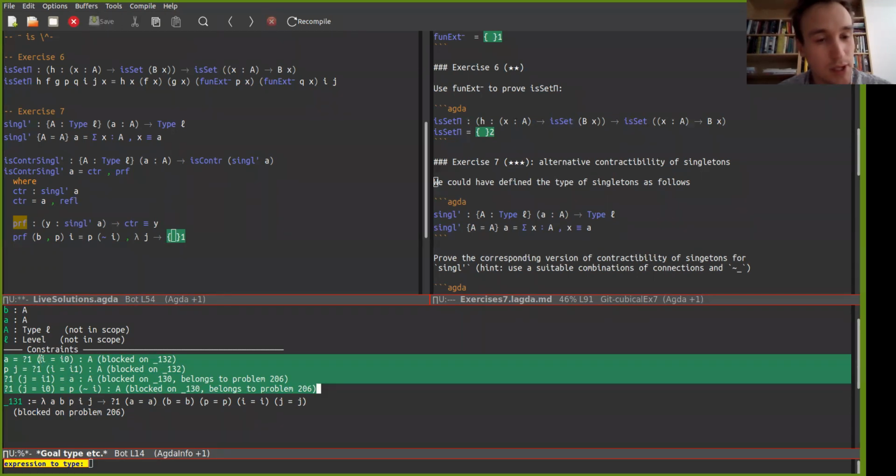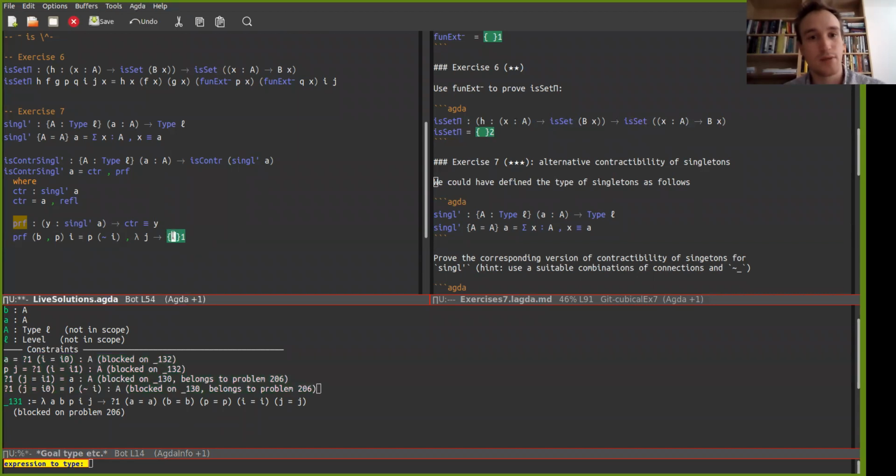Whatever we put in, if i equals 0, this should be just A. If i equals 1, this should just be p of j. If j equals 1, this should just be A. And if j equals 0, then this should just be p of tilde i, or not i. So there's a hint: use a suitable combination of connections and the tilde.